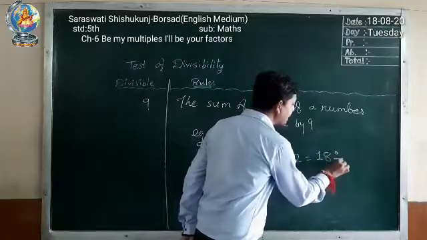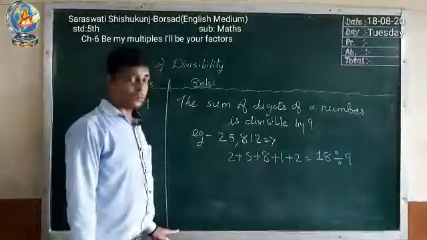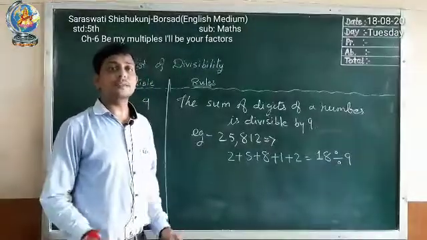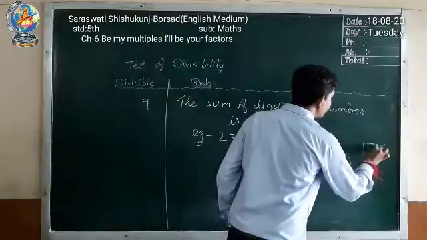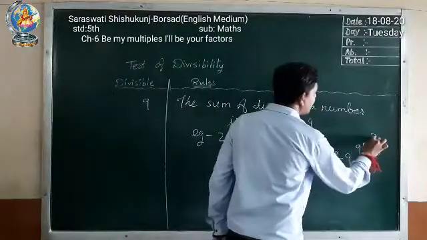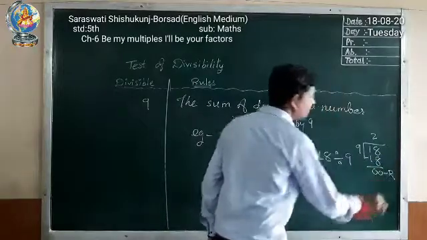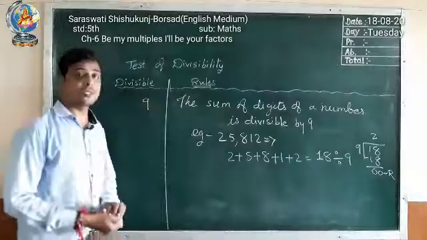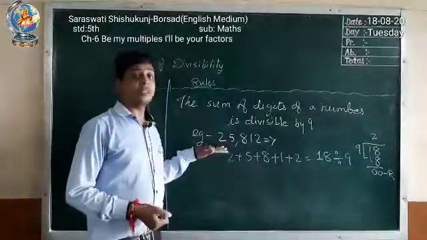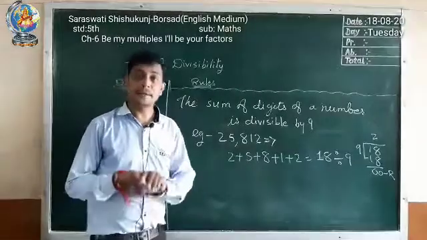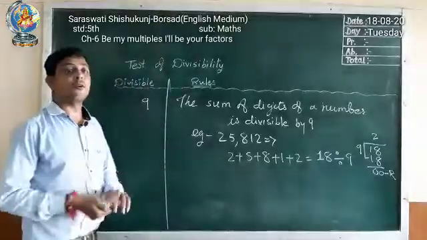If we divide 18 by 9, we get answer 2. 9 twos are 18. So here we do not get a remainder. So we get remainder 0. Whenever you get remainder 0 at the end after dividing, it means that the given number is divisible by 9. Hope you have understood the test of divisibility rule of 9.